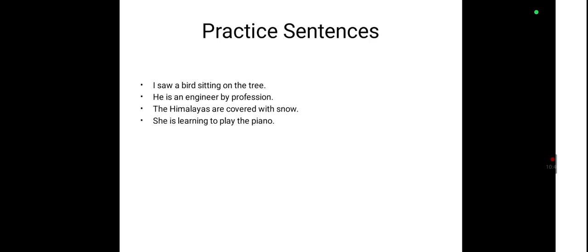But the definite article the can be used before both countable and uncountable nouns, both singular and plural nouns, and only specific things. So I hope you have understood the meaning, types, basic rules, advanced rules, and exceptional rules for the usage and omission of articles. I hope you have understood everything in detail.